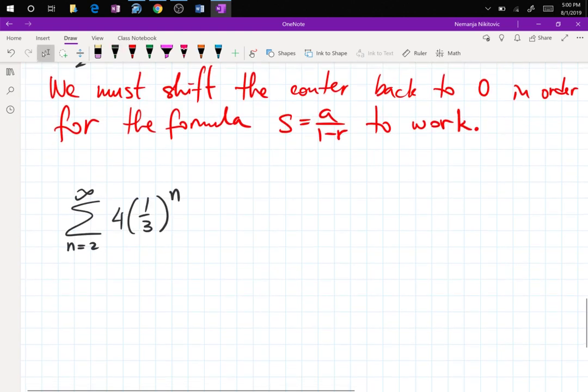What is the thing you don't like, or any one of you? It's that 2. And how can I change that 2 into a 0, which we need? It's an equation, n equals 2. So how do I switch that 2 into a 0? What should I do?